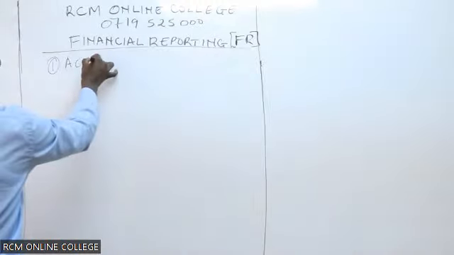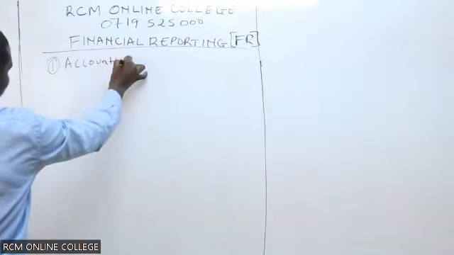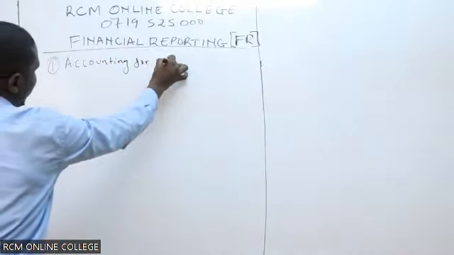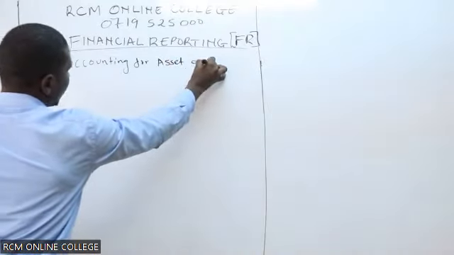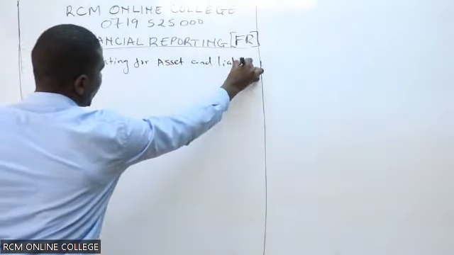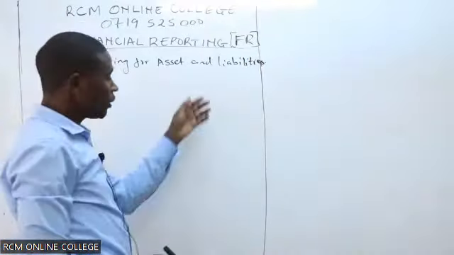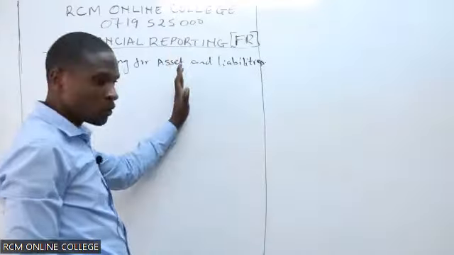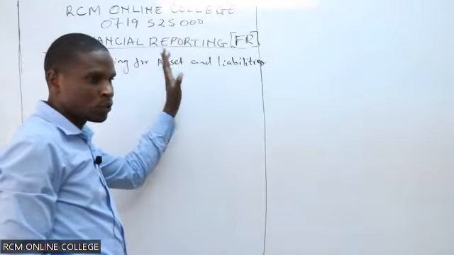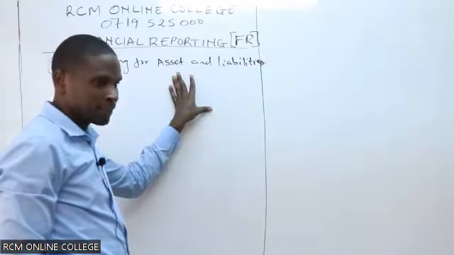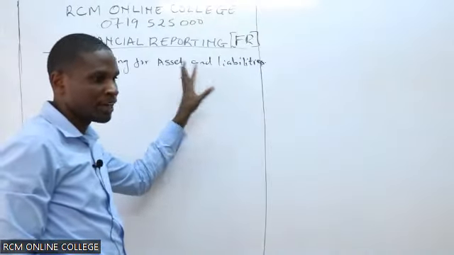Accounting for assets and liabilities. How do we account for assets and liabilities? As a general knowledge, you know that we have the accounting equation, and you know what happens to assets and what happens to liabilities.